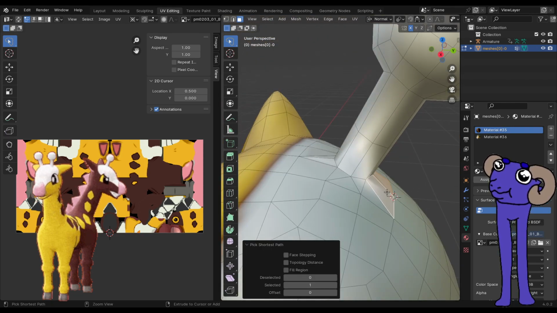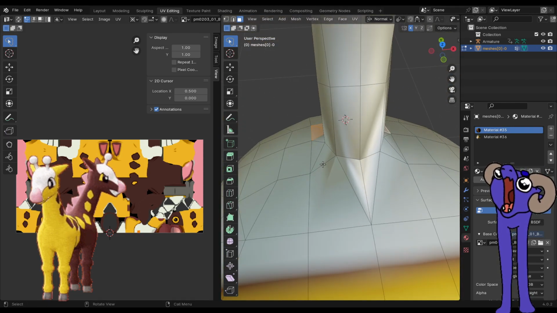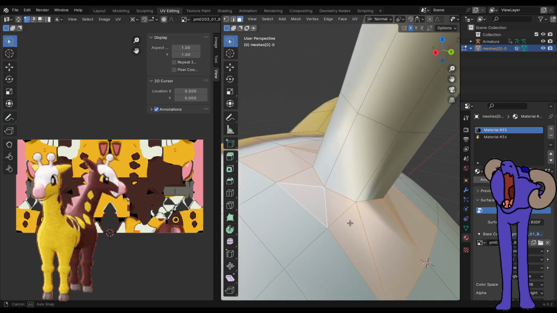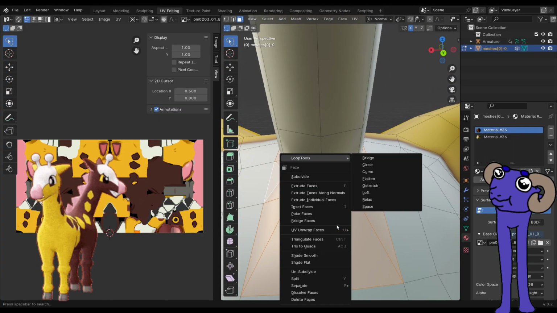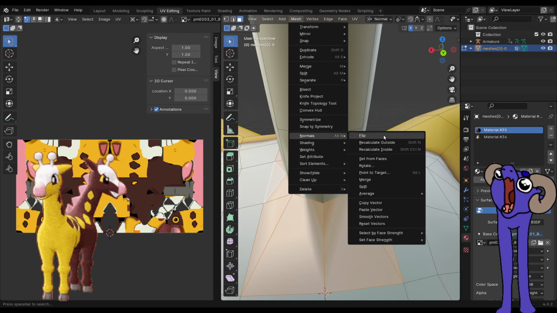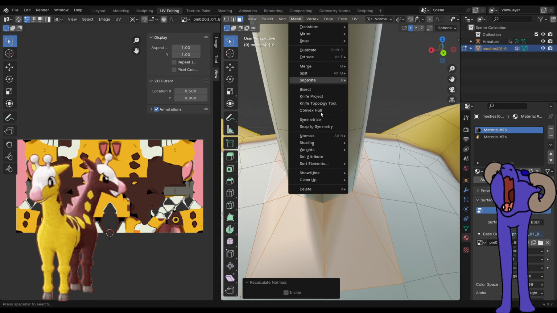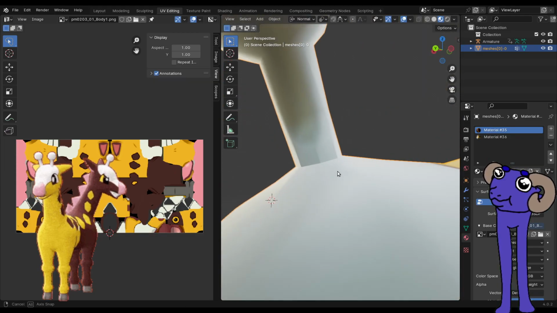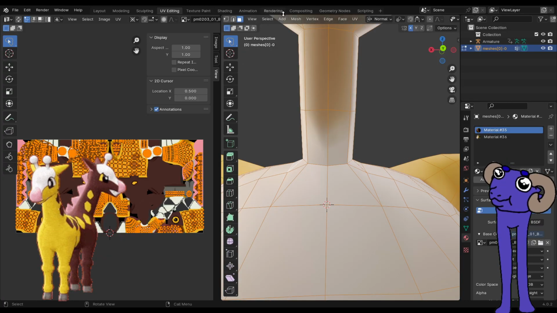These have weird normals now, so I might fix these normals. Mesh normals recalculate? No. Different faces? Yeah.